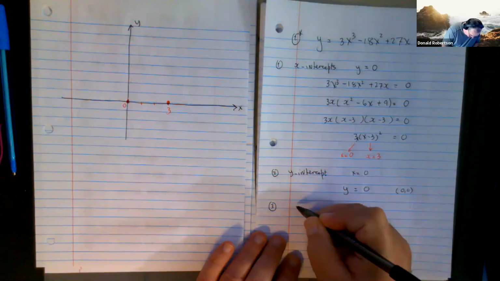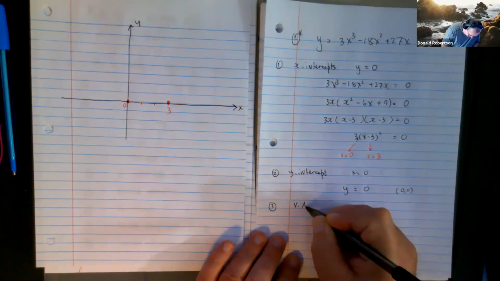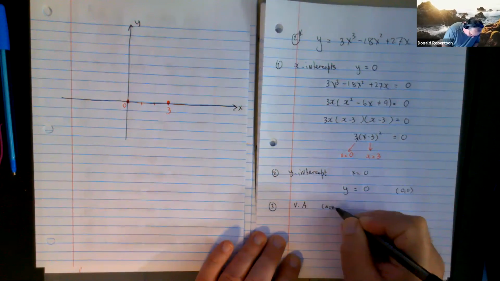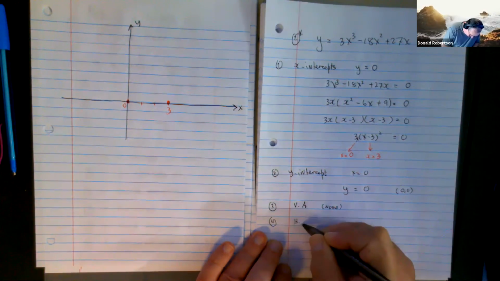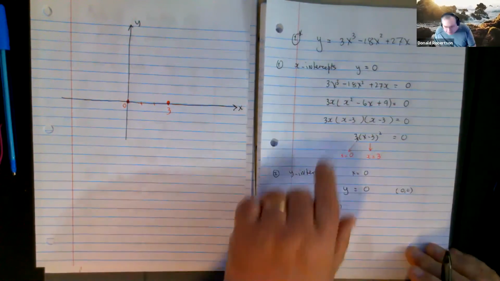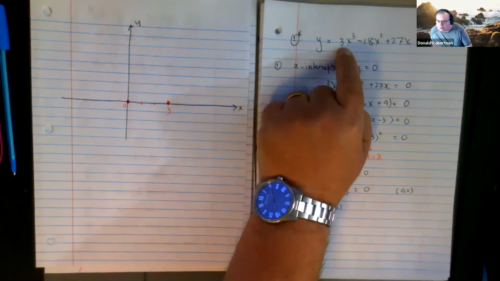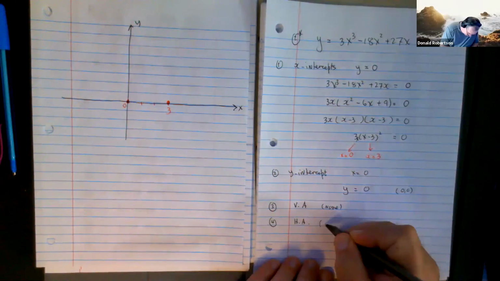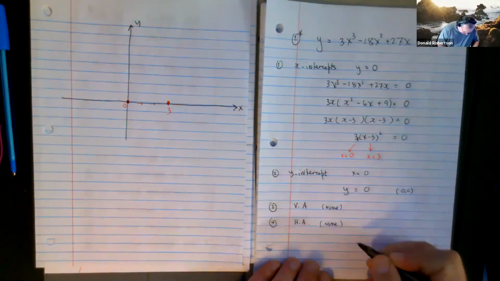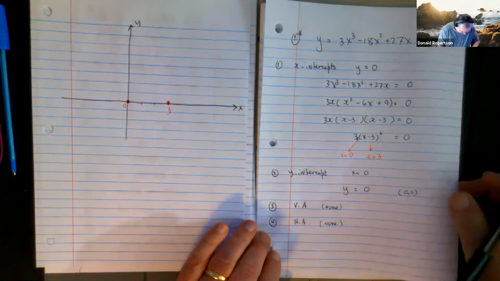We're going to look for vertical asymptotes. There are none. We're going to look for horizontal asymptotes. Would you agree that this function doesn't really have a horizontal asymptote? It just shoots off to infinity. So there's none.